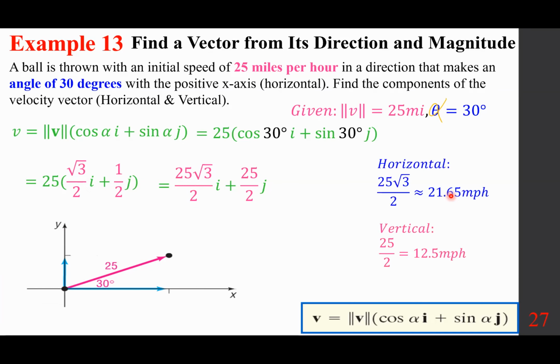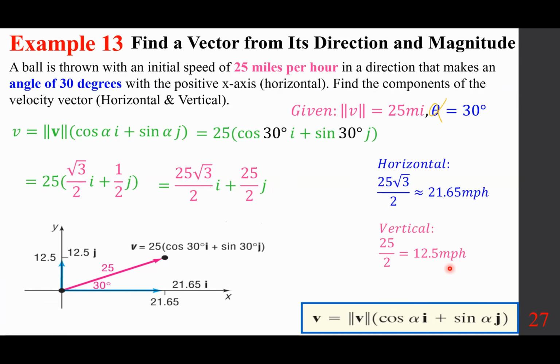And the speed along the vertical direction is 12.5 miles per hour. And it looks like this, the final result. So 25 miles per hour, 30 degrees. This component is about 21.65. It's about 12.5, and this is how you write the V, the magnitude times the components.